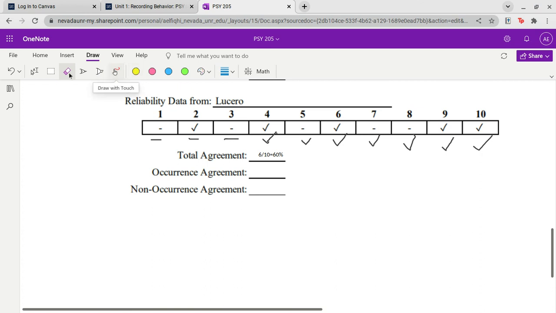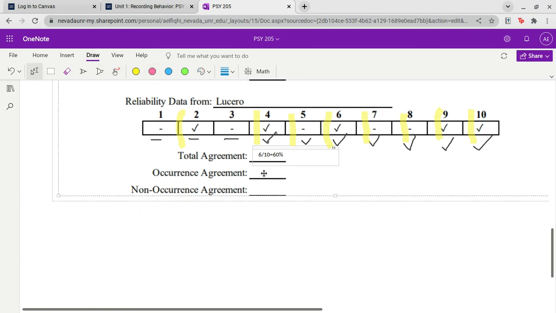And then next we're going to do our occurrence agreement. So it's the same thing as the other two. We're going to find any that have one occurrence at least. And that's 1, 2, 3, 4, 5, 6, 7, 8. And then we're going to go through the ones where we have agreement.